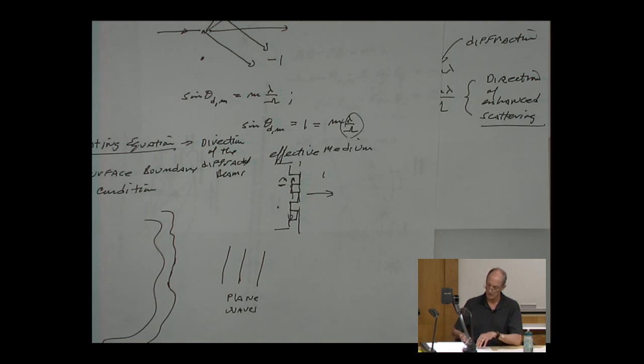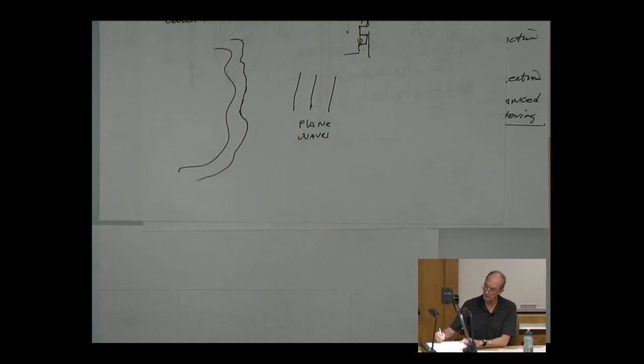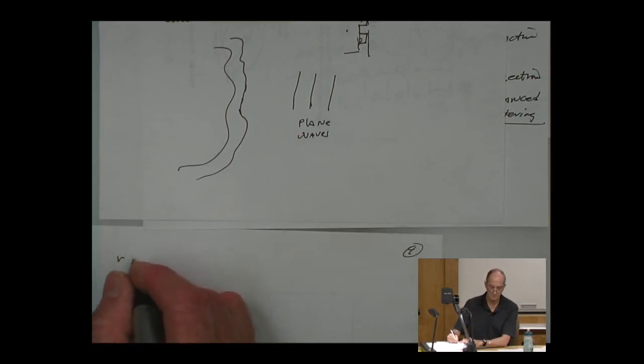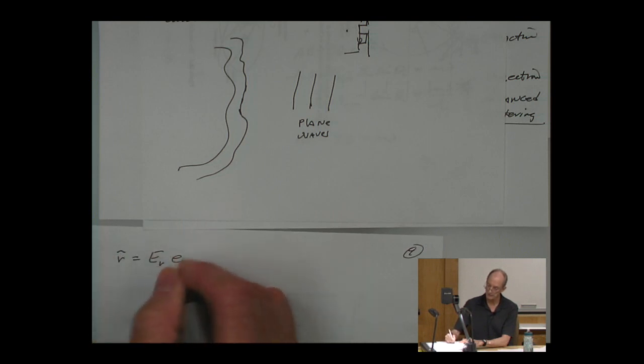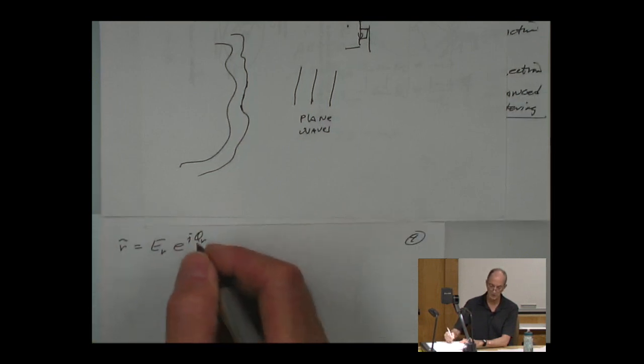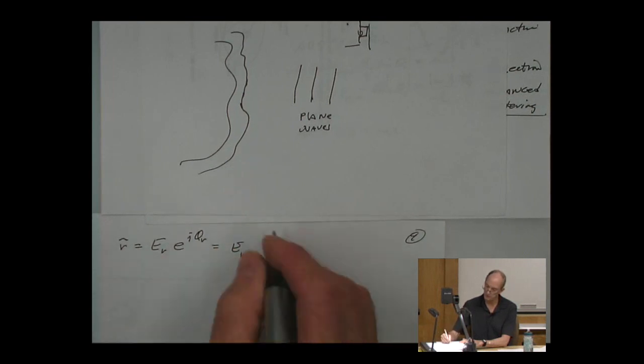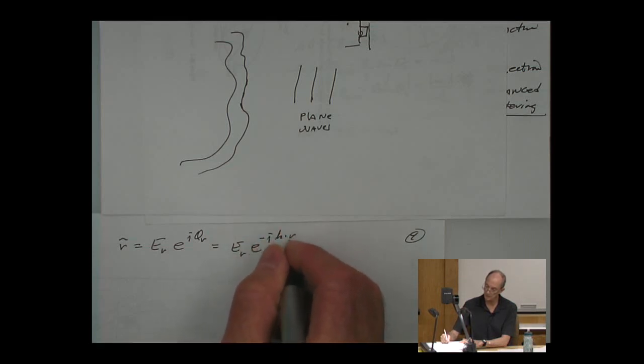All right, so if we have our R and O here again, so if we have R as a plane wave, we have some amplitude e to the j phi sub r, and this we can write as, if we have just a plane wave, E sub r e to the minus j k dot r.